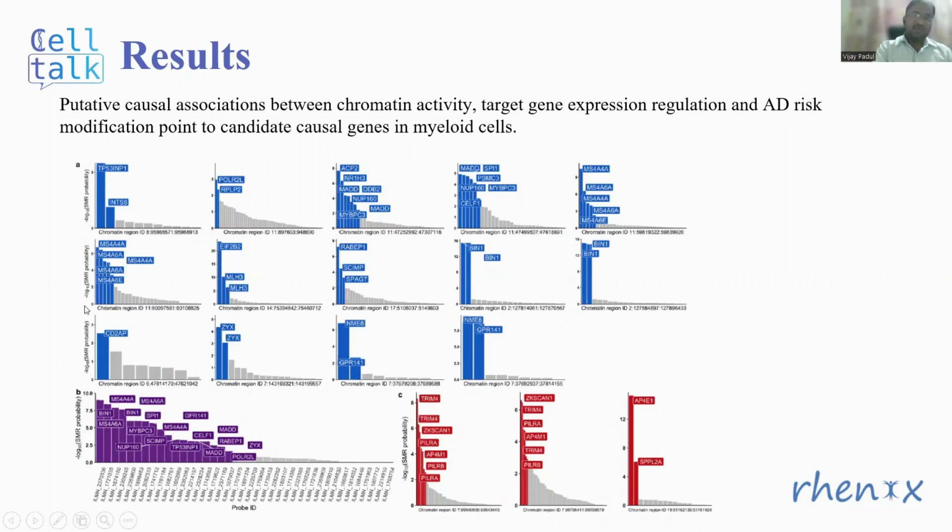The y-axis here shows the log10 of p-value, so higher bars represent higher statistical significance. They find that there are different disease loci, gene loci, and the neighboring genes. There are certain genes that are found to be significantly associated with the chromatin activity, target gene expression regulation, and Alzheimer's disease risk modulation.